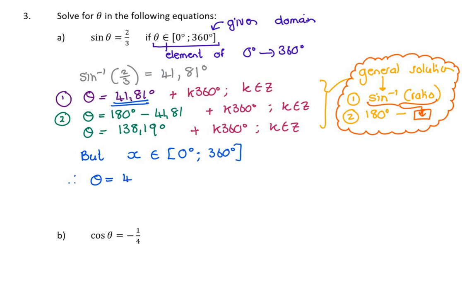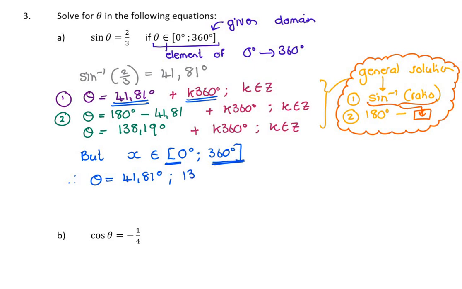And it is. 41,81 degrees is between these two values. Now I'm allowed to add 360 as many times as I want, and I'm allowed to minus 360. But if I add 41 to 360, I'm going to get over 400, and that's over my top limit. And the moment I minus 360, I'm going to get something below 0. So I can't add 360 or minus 360 because those answers won't be in what they gave me.